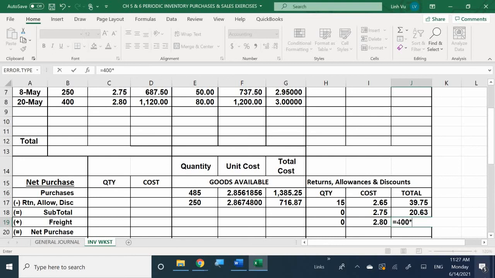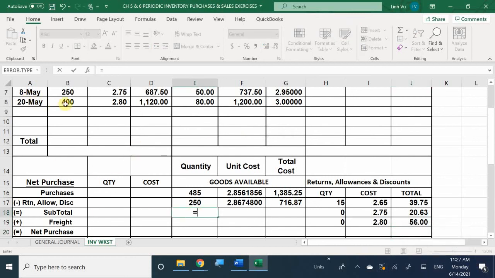we purchased 400 items at $2.80 times the 5% to get $56. Okay, because it's a discount, we're not paying for the full $1,200. We're paying $56 less. So in this case, we need to go ahead and update our inventory as well.